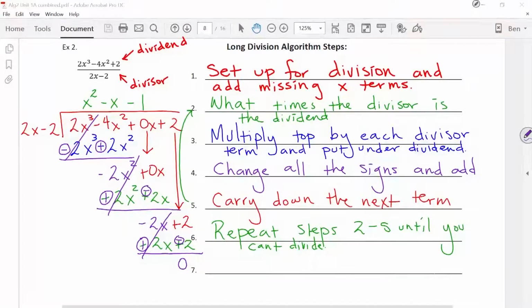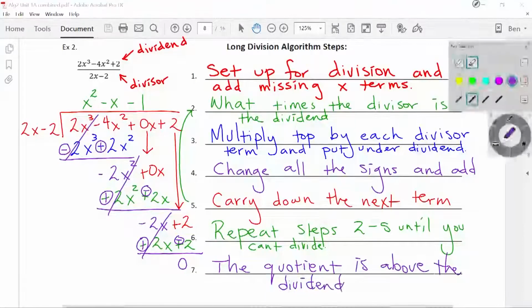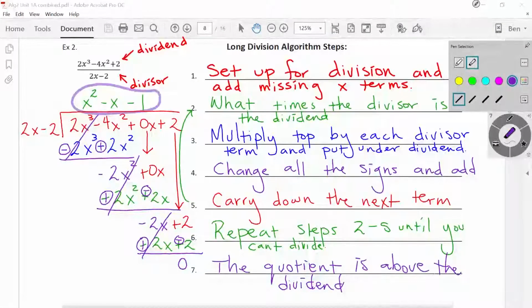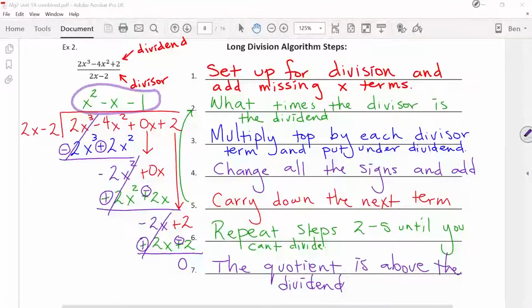And then the last thing is the quotient is what is above the dividend. Which means this right here is the thing that as I multiply it by 2x minus 2, I get 2x cubed minus 4x squared plus 2. Or when I divide that, that's what I get, x squared minus x minus 1.